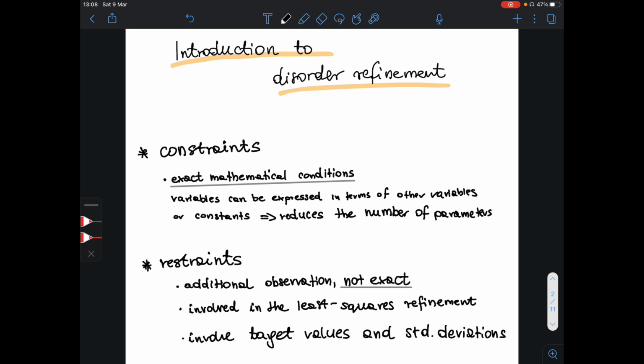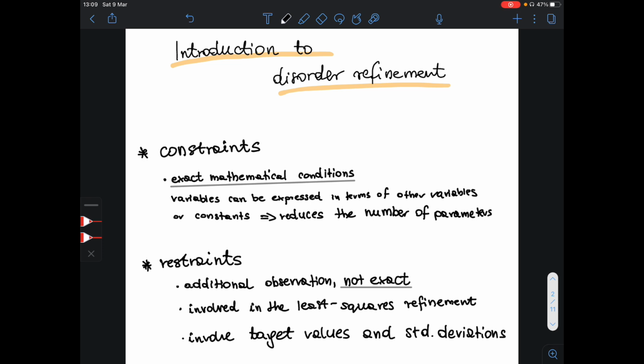During the refinement, it's good when you can keep the data to parameter ratio to more than 10 if possible. Of course, if you have some terrible data, it's not possible, but it's good when your crystal structure has a data to parameter ratio of more than 10. And sometimes constraints enable you to increase this ratio by reducing the number of parameters.